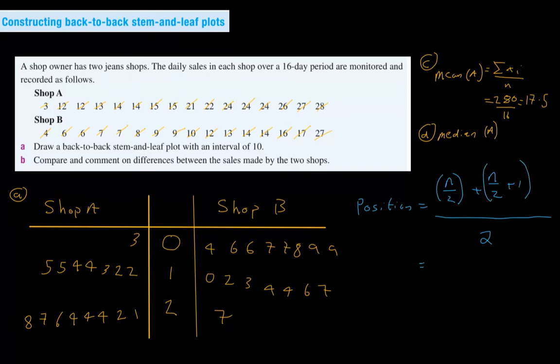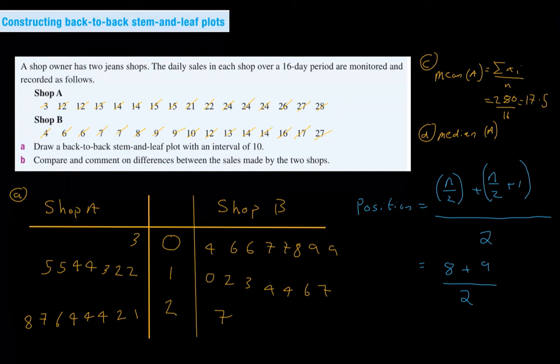Okay, so it's going to be the average between 8 and 9. So the 8th position is going to be 1, 2, 3, 4, 5, 6, 7, 8.